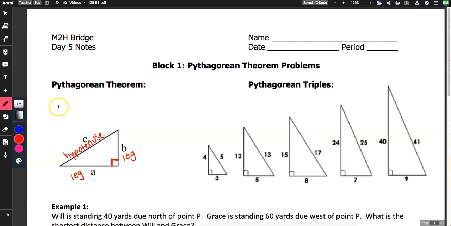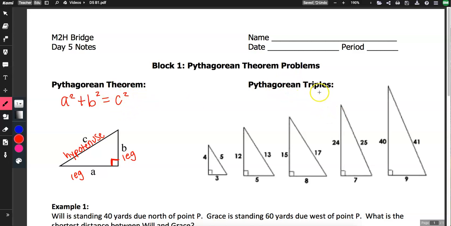So the relationship between the legs and the hypotenuse would be a squared plus b squared equals c squared. The order of a and b does not matter. The only thing that matters is that your hypotenuse is the term by itself, the C spot, okay?